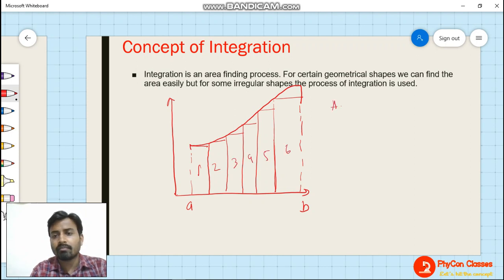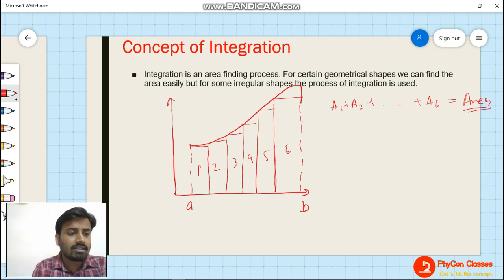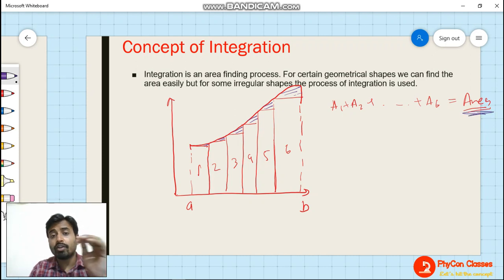So area 1 plus area 2 up to area 6 will give you the total area, right? But in this case, you may have noticed that we are leaving this area. This particular area is left, right? If this area is left, our final answer is going to have some kind of error, right?